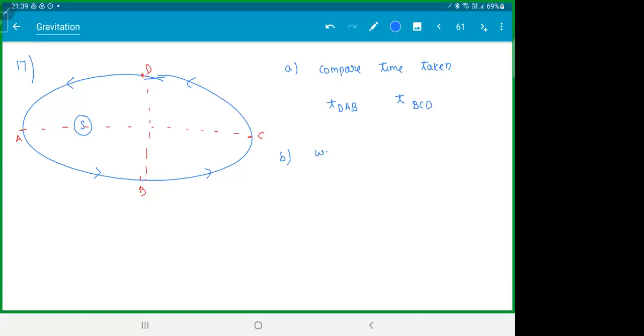Second thing, work done by gravity. When this satellite is going in an elliptical orbit, what is the work done by gravity from A to B, B to C, C to D, and D to A? You should just tell me whether it is positive, negative, or zero.